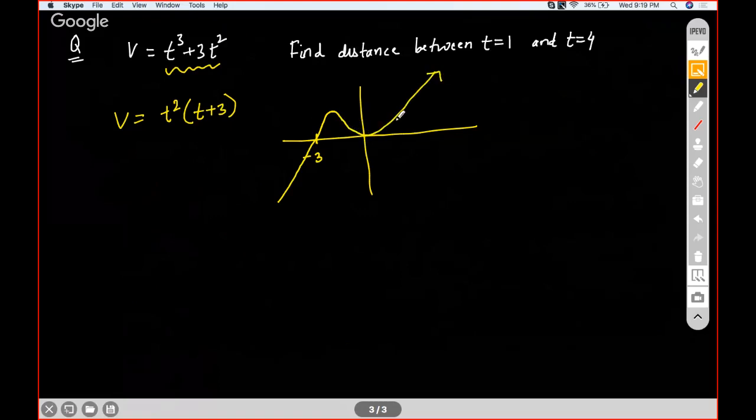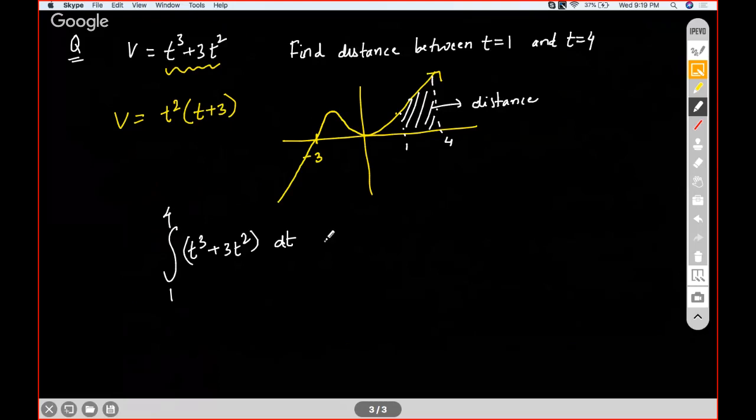That means from 1 to 4, it'll always be positive. So the area under this will automatically give you the distance, not the displacement. In fact, displacement and distance would be the same. So you just have to integrate t cubed plus 3t squared from 1 to 4. That's it.